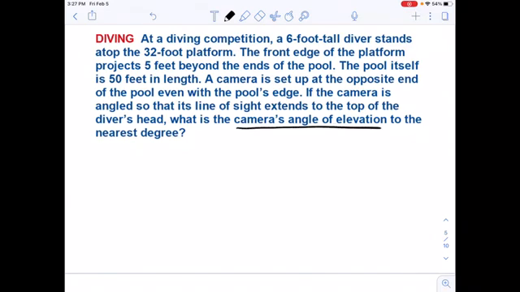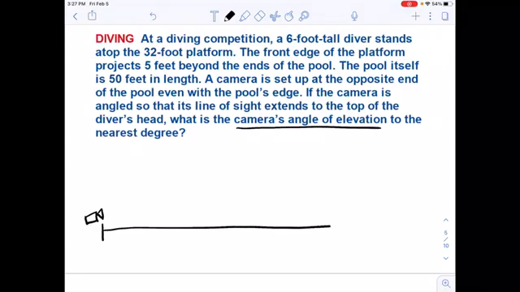Okay. This one's kind of crazy. So, it is going to end up just being a triangle, but there's a lot we're doing. So we have a camera here at the edge of the pool. The pool is 50 feet. But the diving board comes in 5 feet.